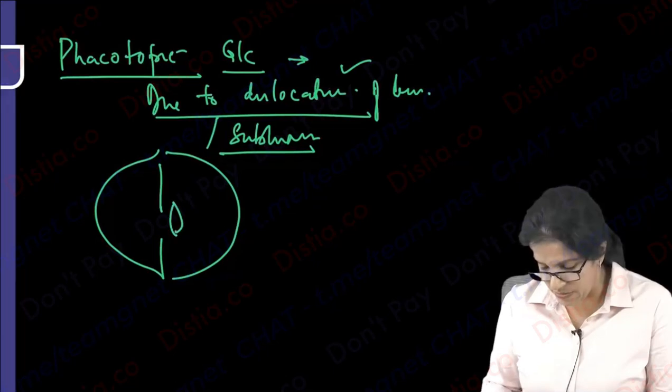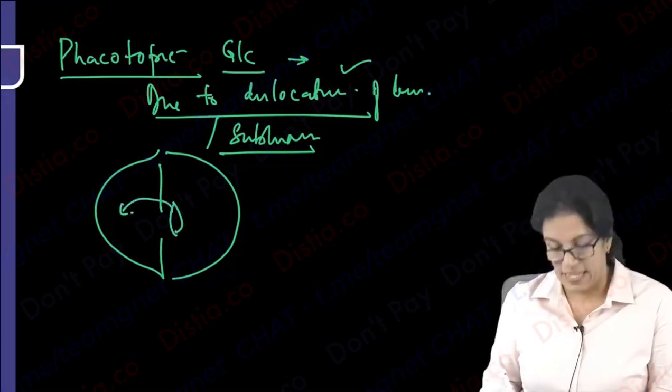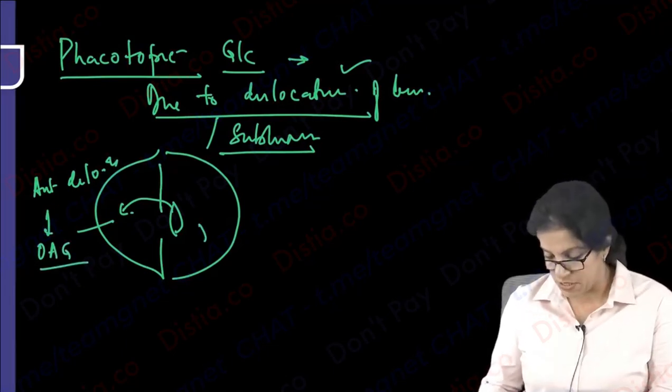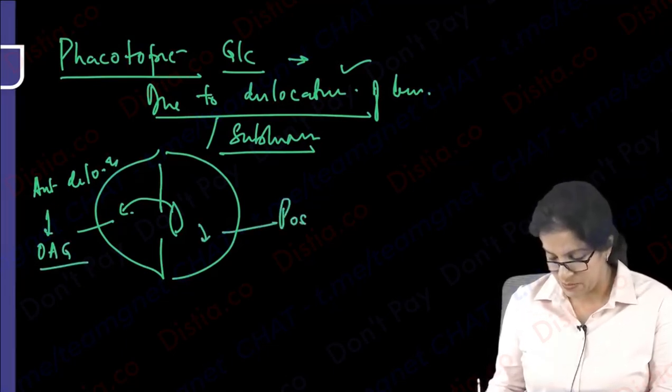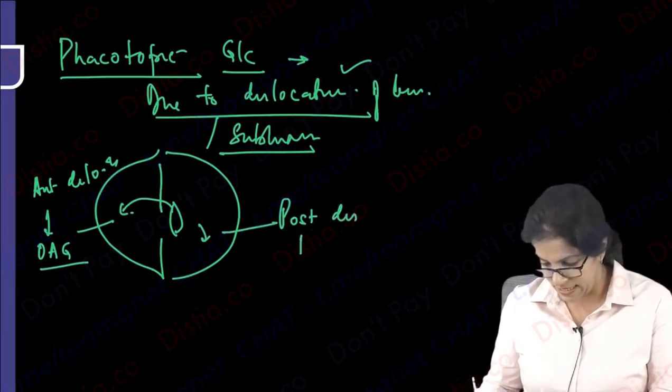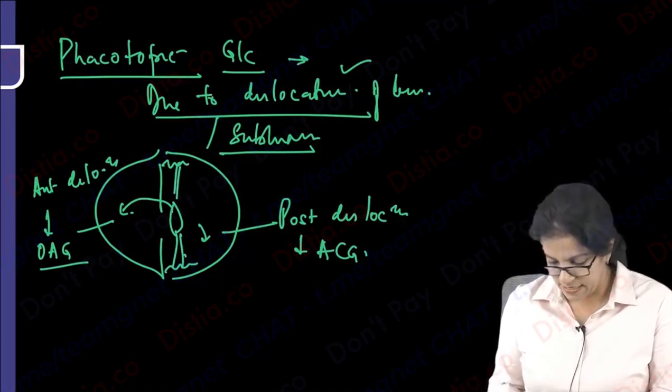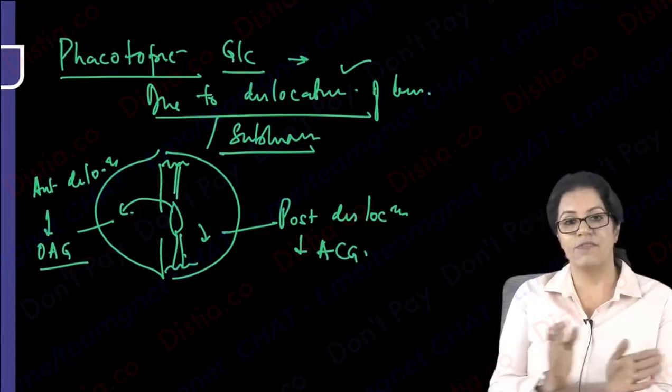So this lens, common sense, if it goes anteriorly, anterior dislocation will lead to open angle glaucoma, right? But if it is a posterior dislocation, this is going to lead to angle closure glaucoma, because when it is dislocated here, it is going to push the iris forward.